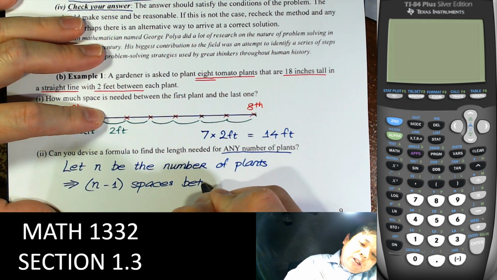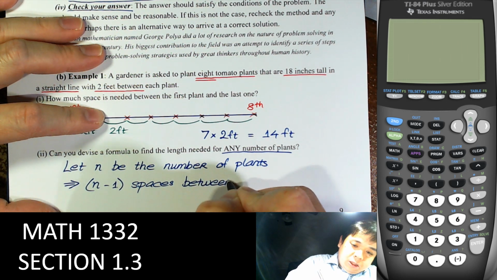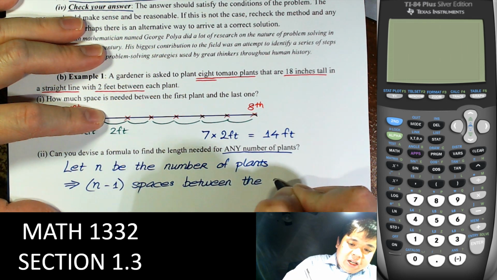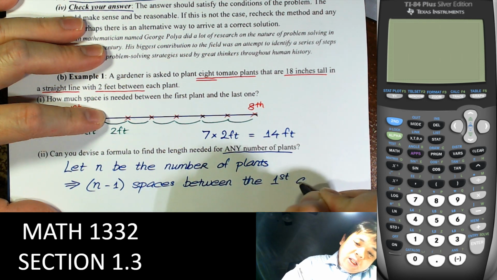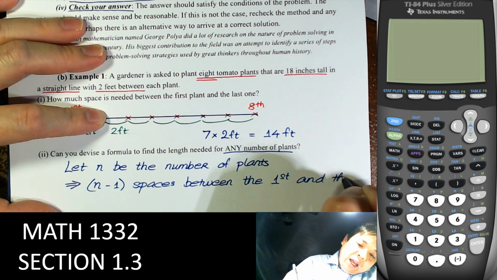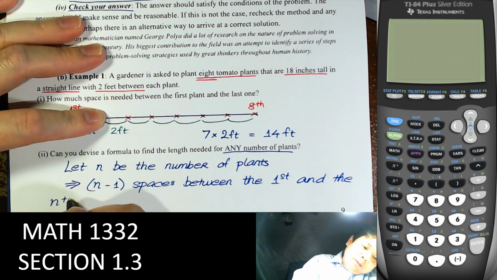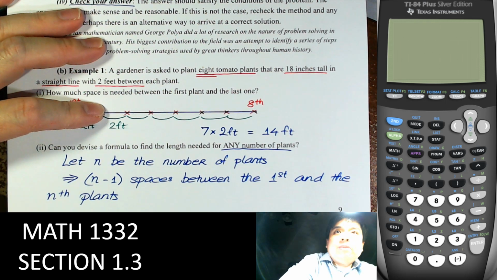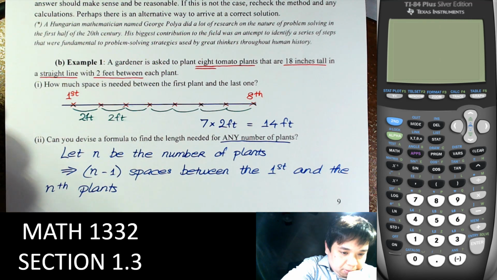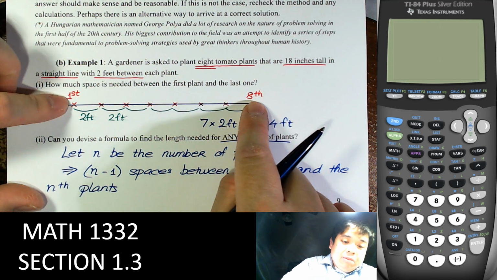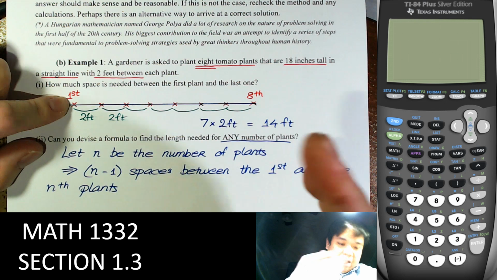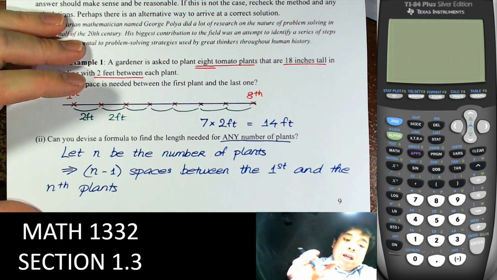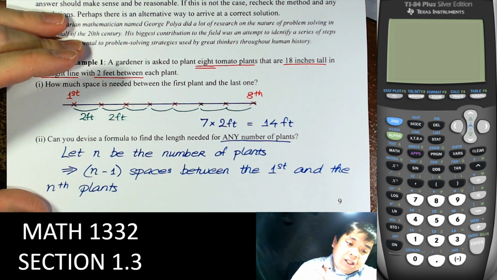between the first and the last plant, the first and the nth plants. 8 plants, there are 7 spaces, and so on. Each space is 2 feet.